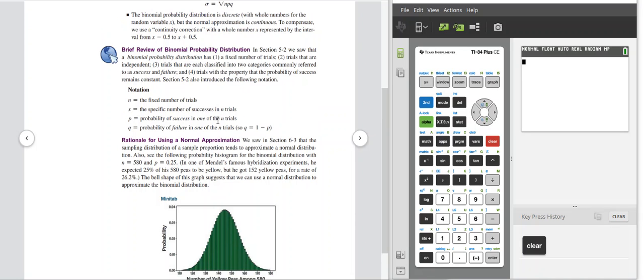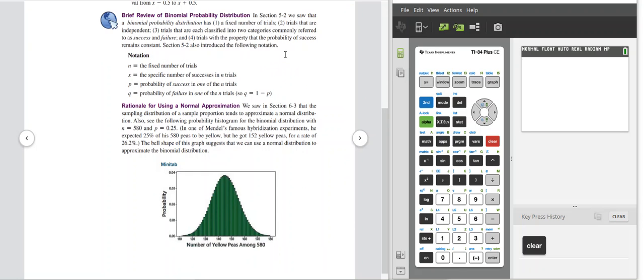P is the probability of success on any given single trial, and the probability of failure is 1 minus P. We call it Q. Basically, that's saying in a binomial distribution, you have two things that could occur. So our sample space only has two things that could occur on any given single trial, and then we're going to run multiple trials and see what happens overall.